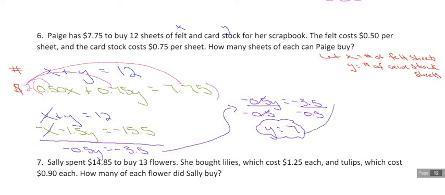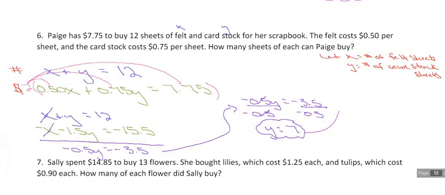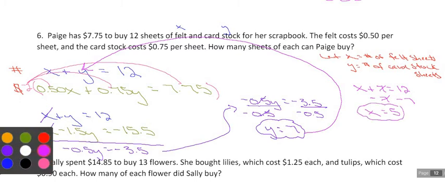Let's take that 7 and plug it in for our y in our original. This one's the easiest one to go into, the quantity. So that gives me x plus 7 equals 12. And solving for x, we just subtract 7 from both sides. So x equals 5.